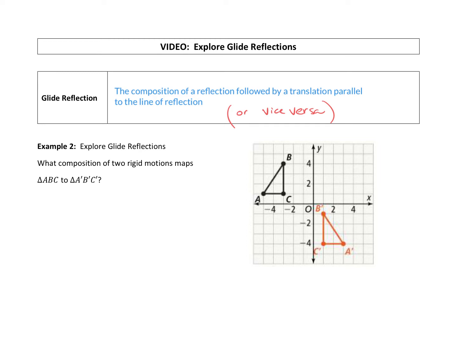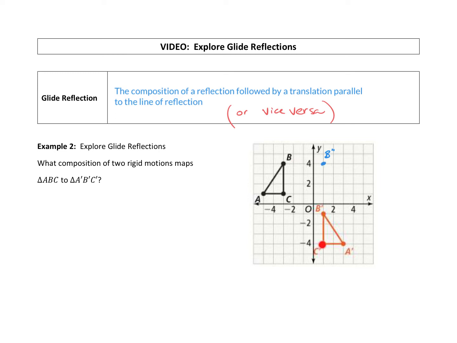So what I notice is, I think that this got translated. What if I moved this up, so everything was in line horizontally? So B prime, I'll call this B double prime, just our middle one right there. I want that to be in line with B. So all I did was move it up however many units.